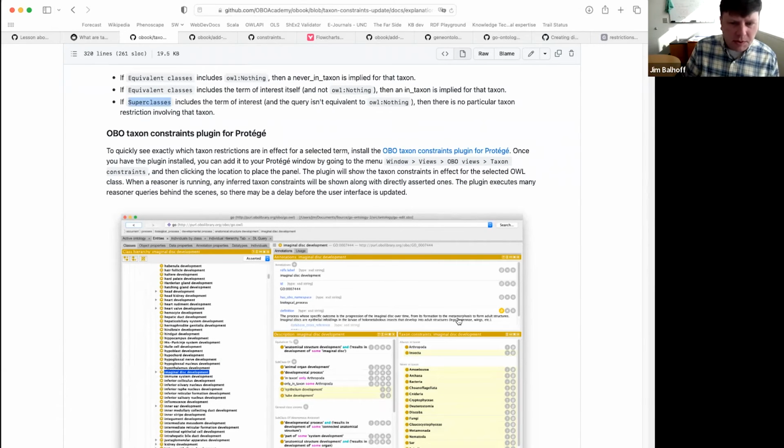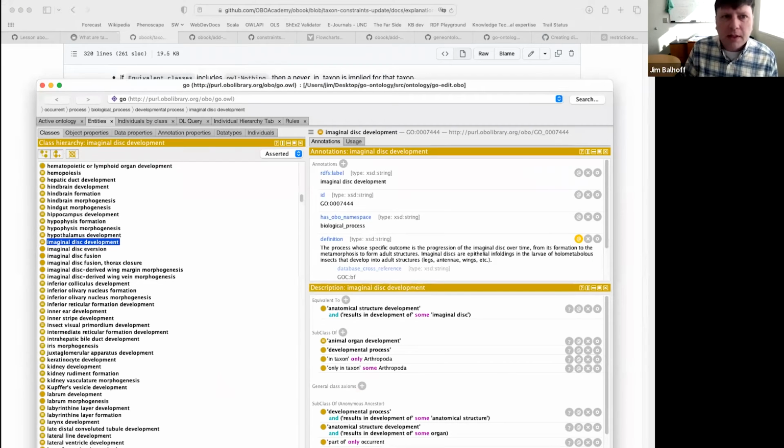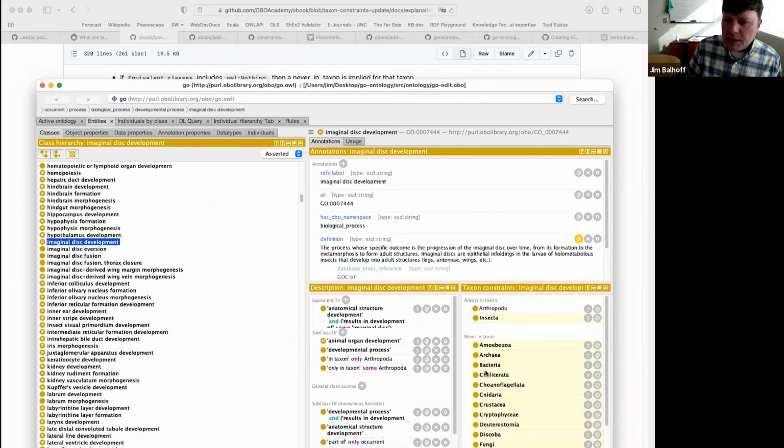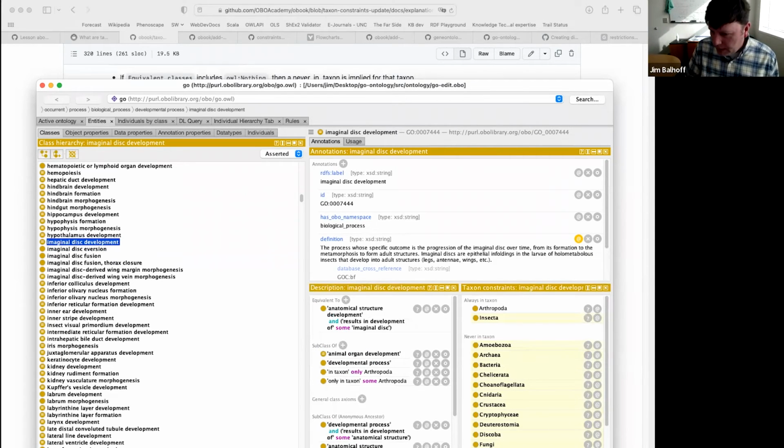Let me go back. Sierra has a question about seeing mammals, and I'll explain that. So it is never in mammals, but it's right. You can see here it's never in deuterostome.